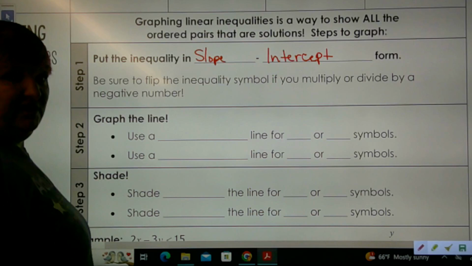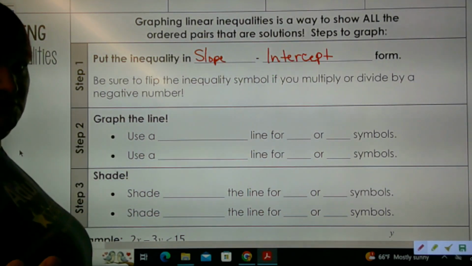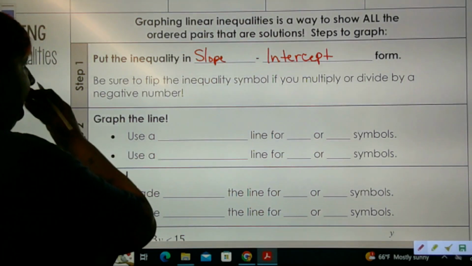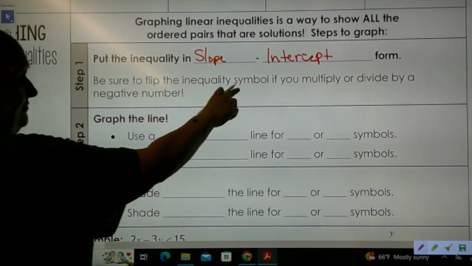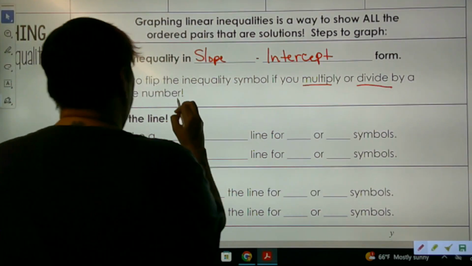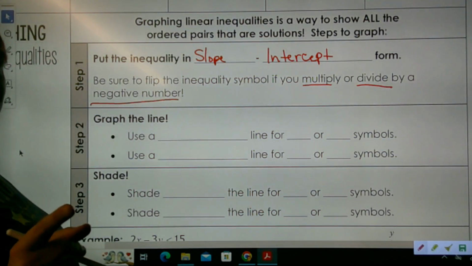Good news, it's 98% the same as doing it with linear equations. There's only one little difference. Be sure to flip the inequality symbol if you multiply or divide by a negative number.